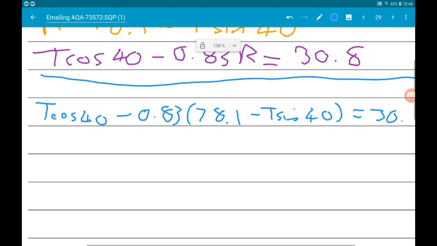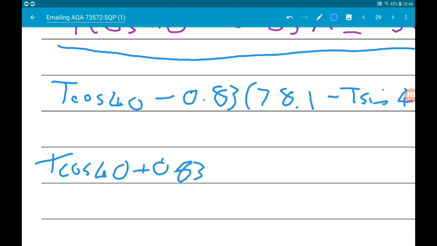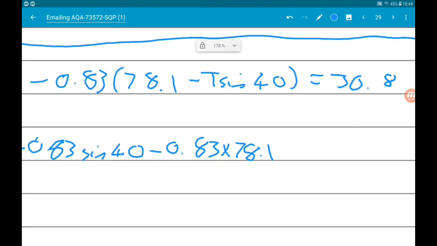Right, expand the brackets. T cos 40 add 0.83 T sine of 40 minus 0.83 times 78.1 is equal to 30.8.